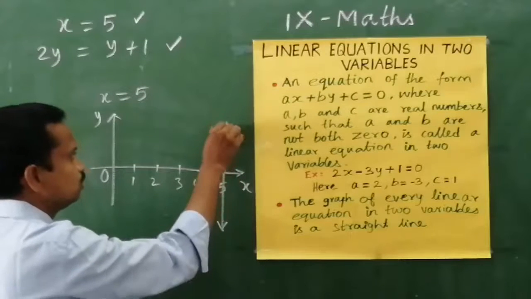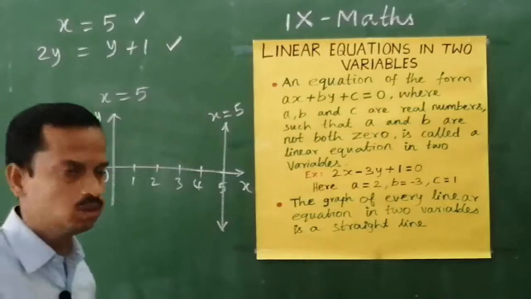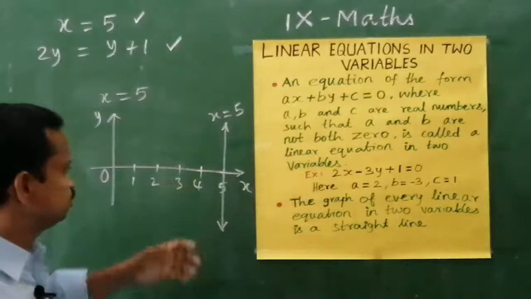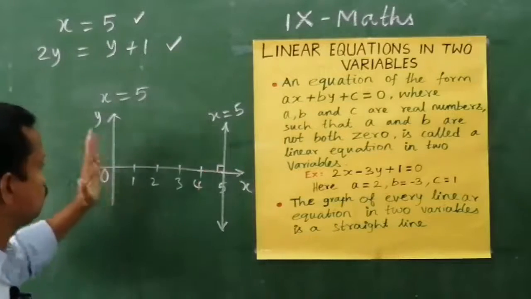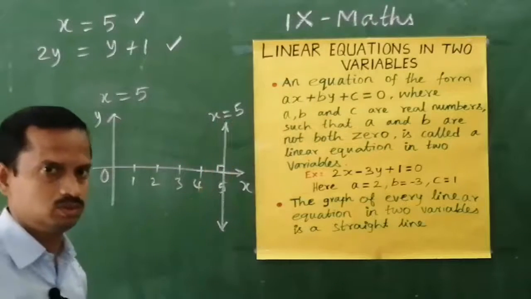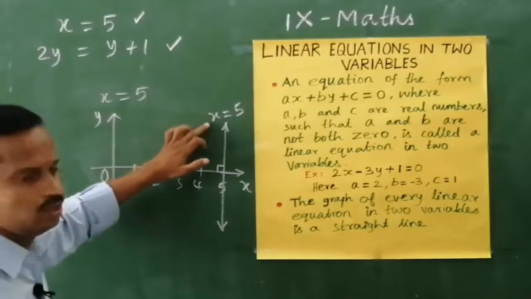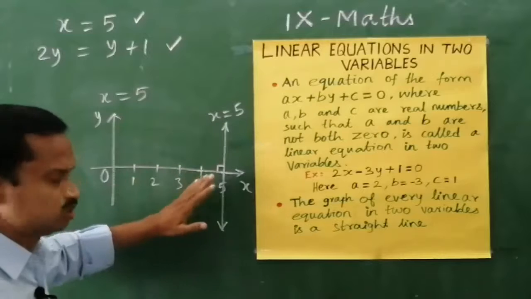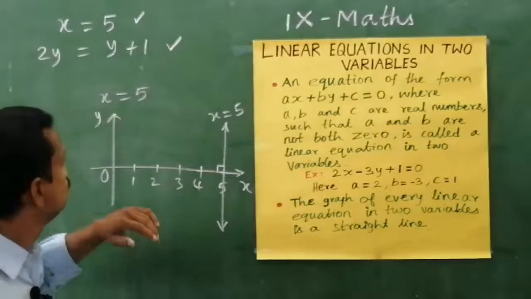This is called x equal to 5, which is perpendicular to the x axis and parallel to the y axis. Both ways we can say. So, the linear equation in one variable we have represented in a graphical way.